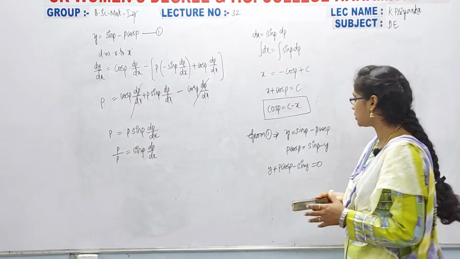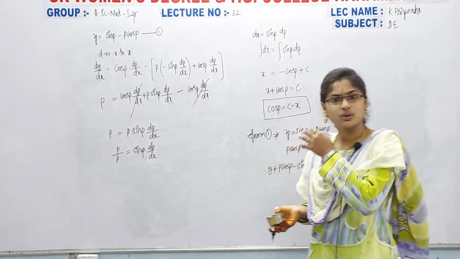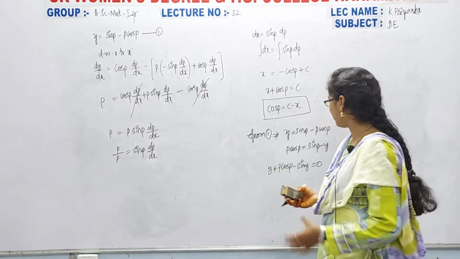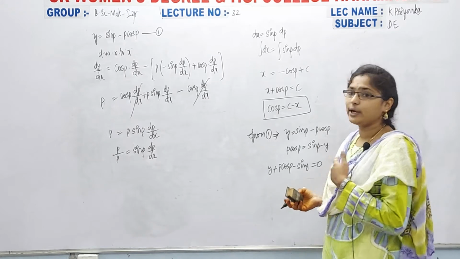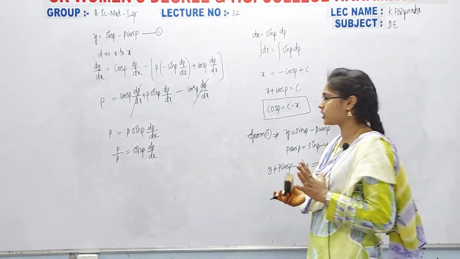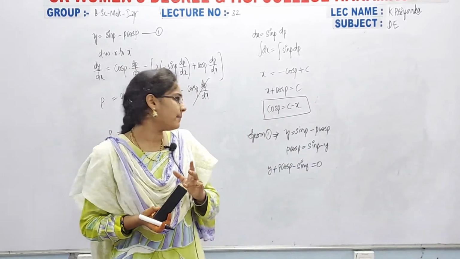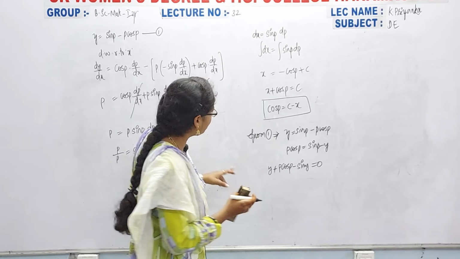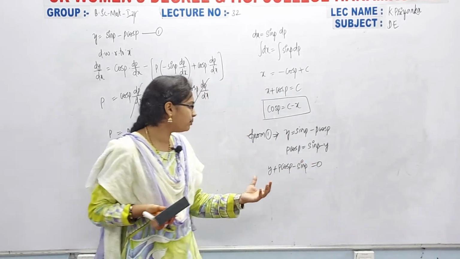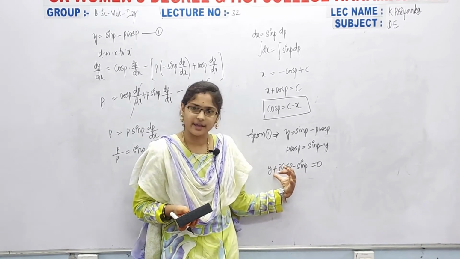From this equation generally you can take any quadratic equation and then simplify it. First of all, I don't have a P square term. If I had a P square, then we could take it as a quadratic equation and calculate the values of P. But here I have P in both terms, P cos P minus sin P.